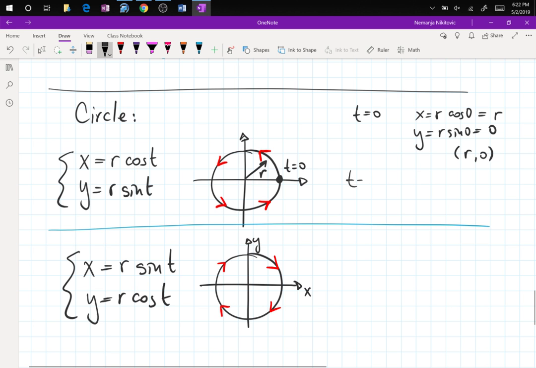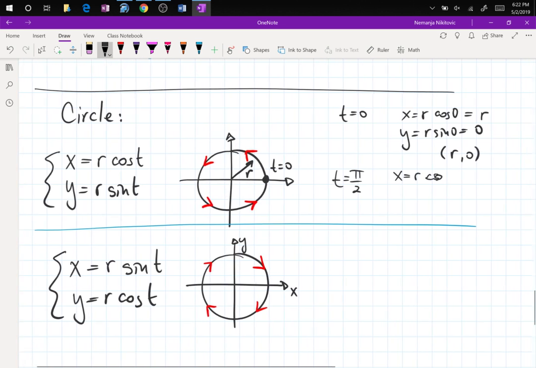For t equals pi over 2, your x is r cosine pi over 2, which is 0, because cosine of pi over 2 is 0. Y equals r sine of pi over 2 is 1, so it's r, and I have 0, r. That's the top over here, and you know that's t equals pi over 2 because it's all the way on top.